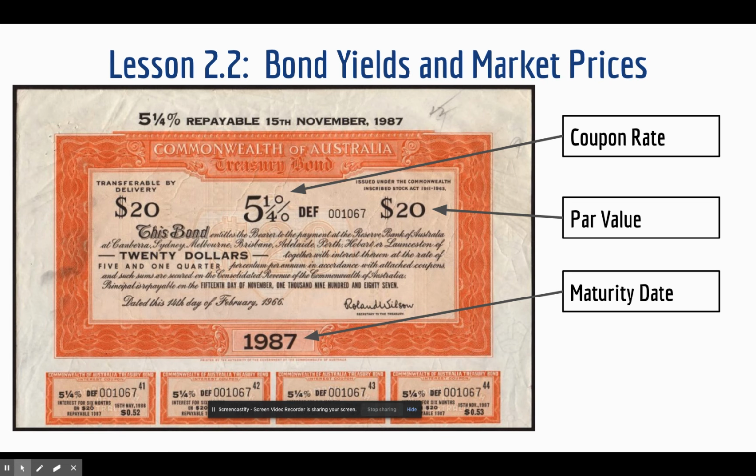We have the par value or the face value of the bond, so whatever the value was when it was issued, usually in round denominations. Usually see it in hundreds or thousands. And then a maturity date, which is basically when the bond has matured or when the bond is redeemable for its par or for its face value.